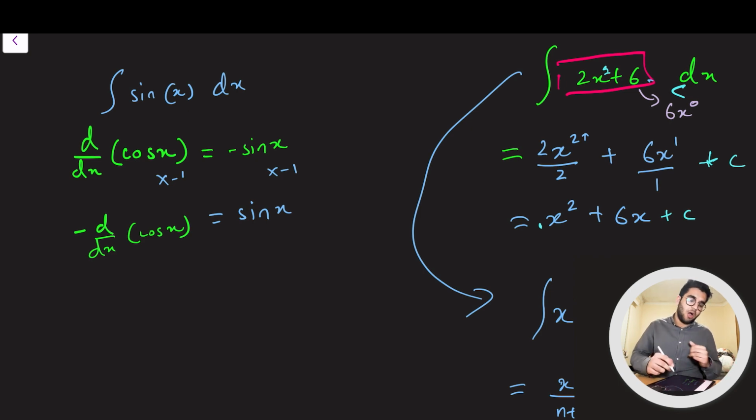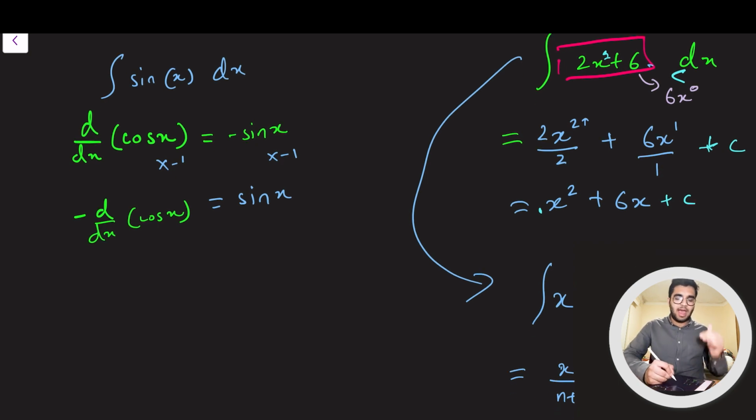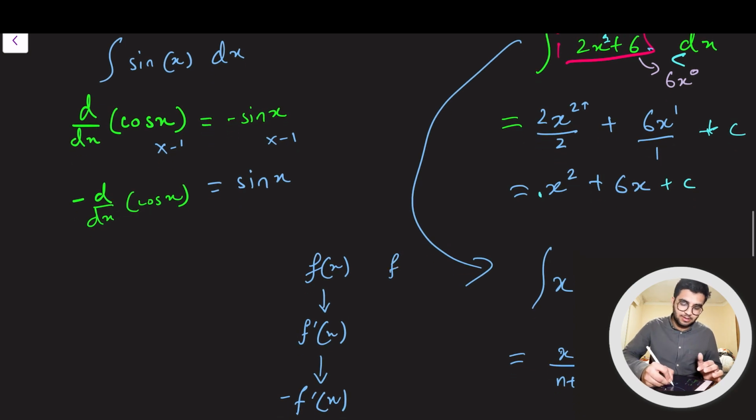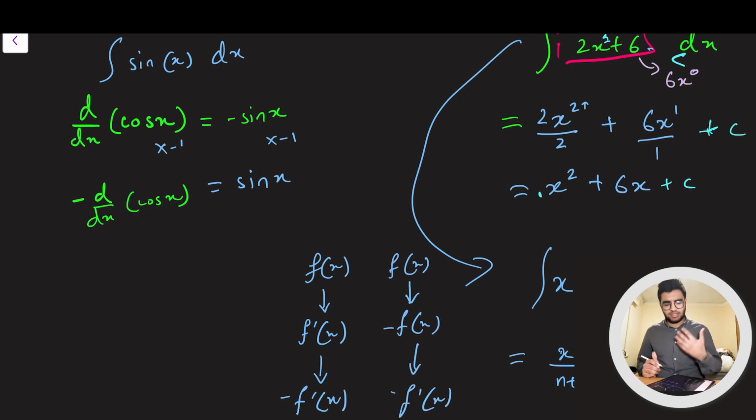Straightforward. Now we just realized that, well, having a function, all right, differentiating it and then multiplying by -1 is the same as having a function, multiplying it by -1 and then differentiating it. It gives the same result.